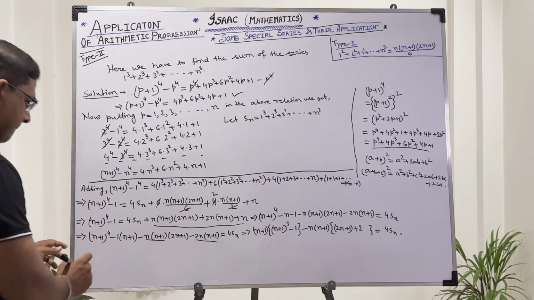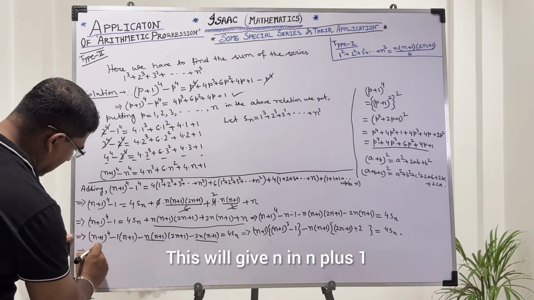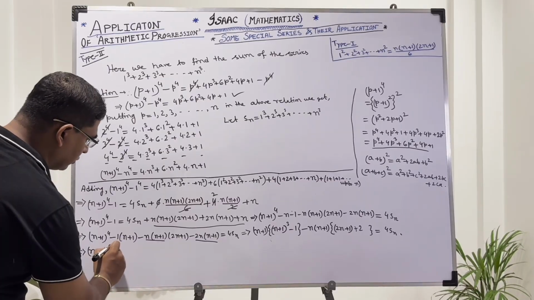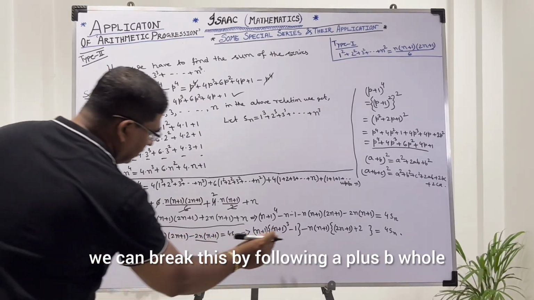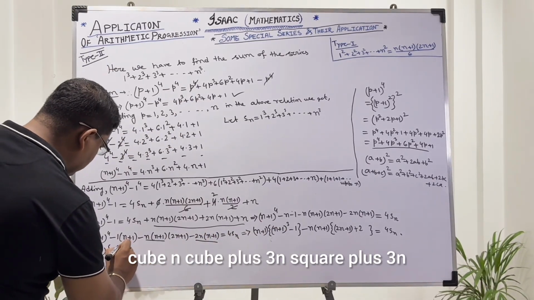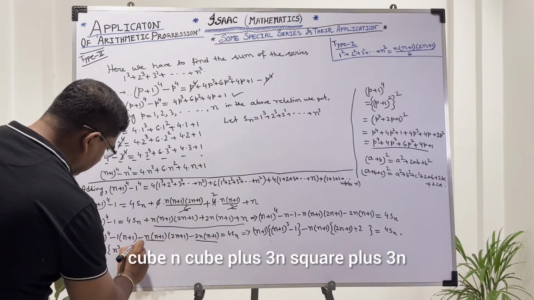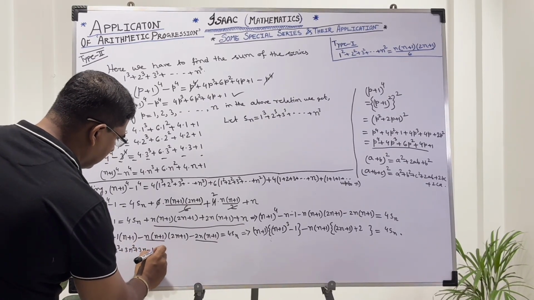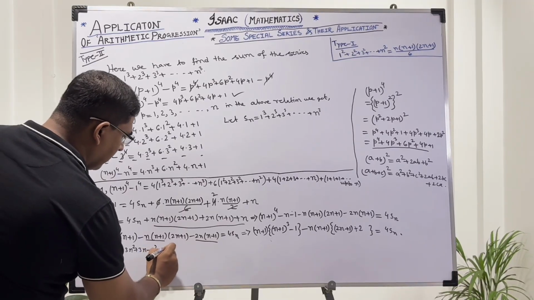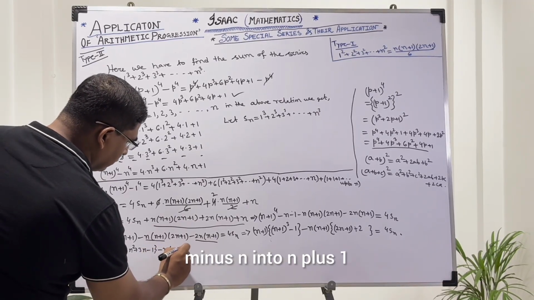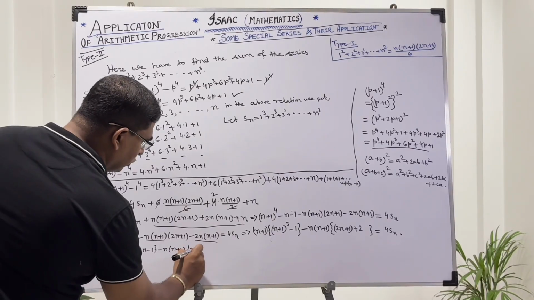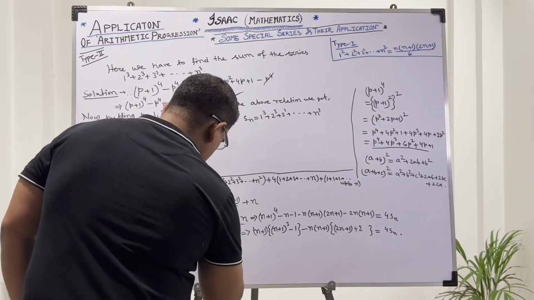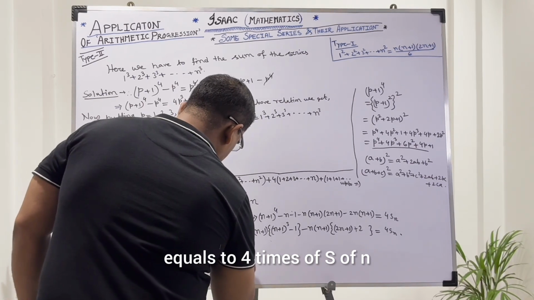This will give (n plus 1) whole into... We can break this by the formula (a plus b) whole cube: n cube plus 3n square plus 3n minus 1, minus n into (n plus 1) into (2n plus 1 plus 2), equals to 4 times of S of n.